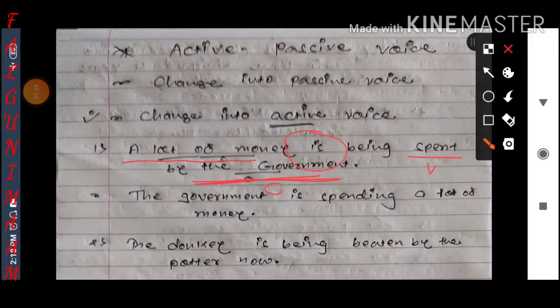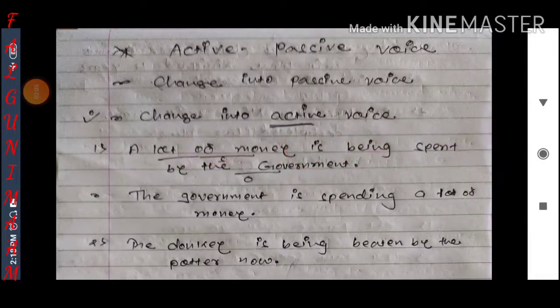The government is, it will remain is, and this being is removed because it's the active one. Now being plus spent converts into spending. Spending a lot of money. So your correct active sentence is: The government is spending a lot of money.